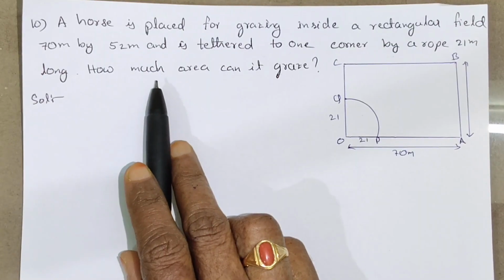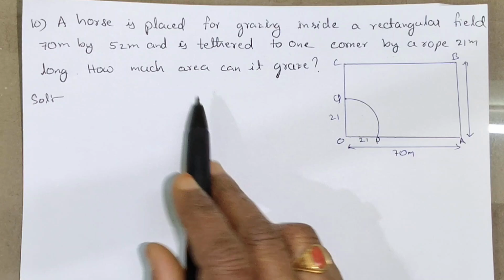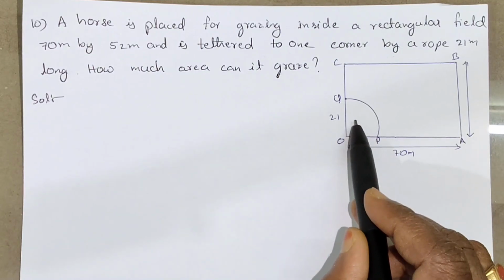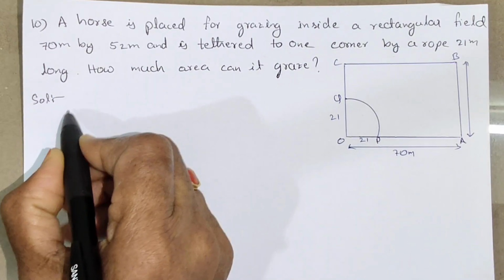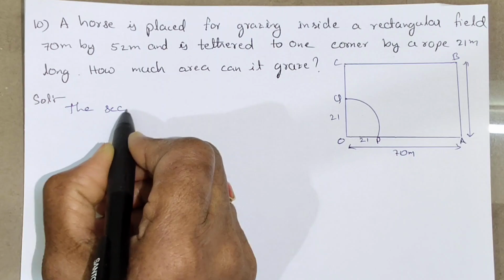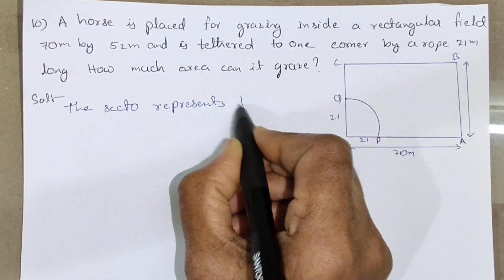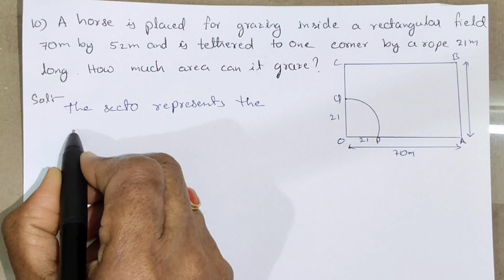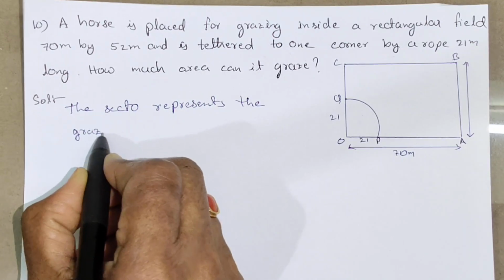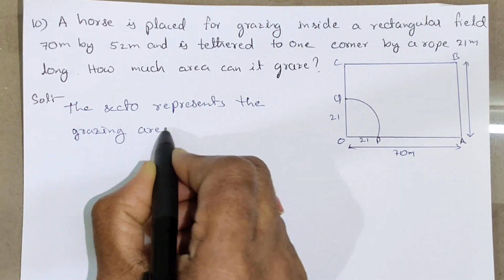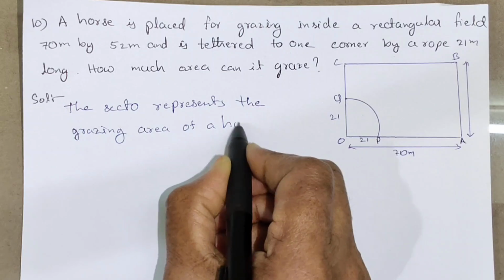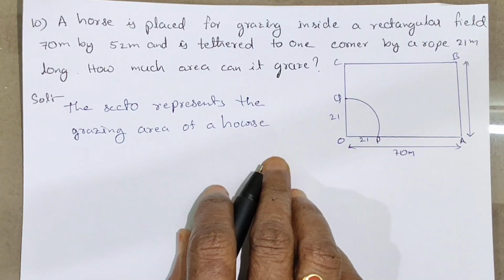In this question they are asking for the horse's grazing area. So this sector area is the horse's grazing area. So we write that the sector represents the grazing area of the horse.